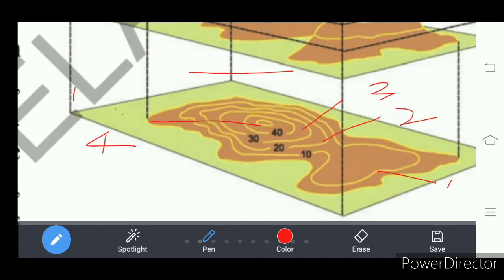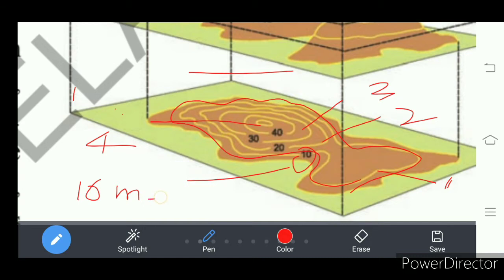Here this is line number 1, the outer circle, showing the places which are at a height of 10 meters. 10 meters height.